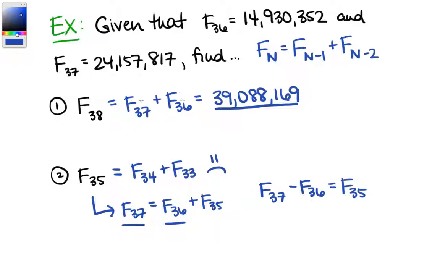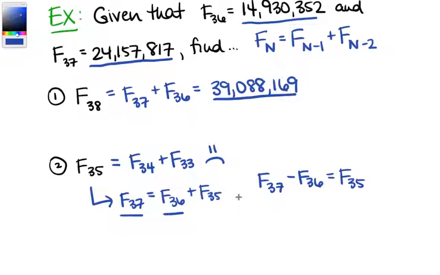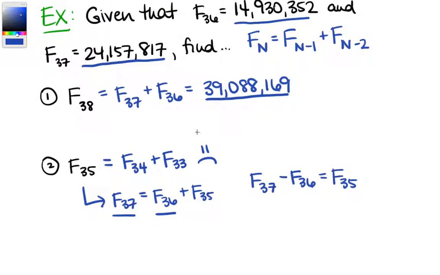Instead of adding them like we did in the first one, we take this larger one, the 24 million, and subtract off the 14 million to find the difference. Whatever that difference is, that's what we added to the 14 million to get that 24 million. And when we go ahead and do this, we end up with F35 is 9,227,465.